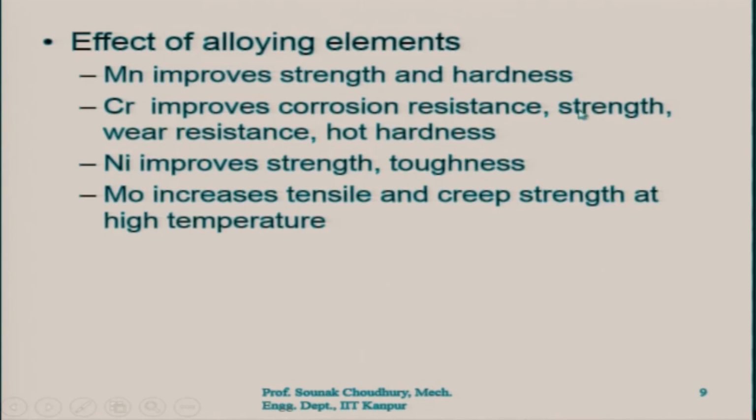You understand corrosion resistance, strength and wear resistance. Hot hardness is different from hardness in the sense that it is at elevated temperature. We say that a material has more hot hardness when it can maintain its hardness at elevated temperature; that is called the hot hardness property.